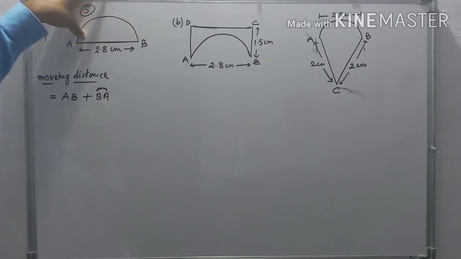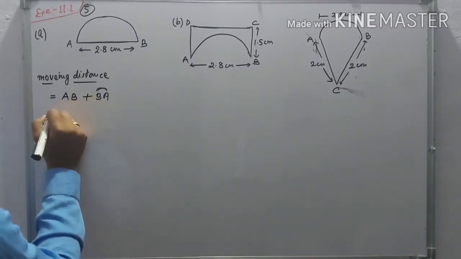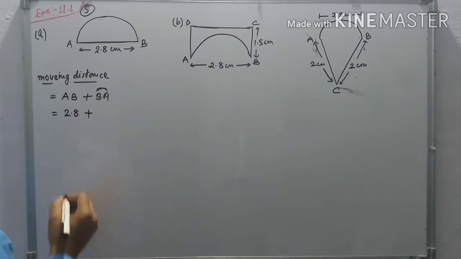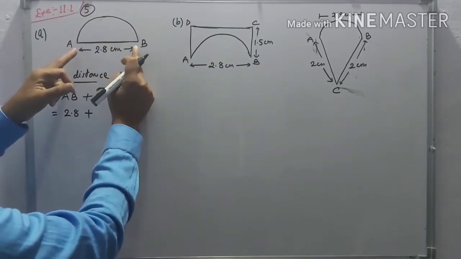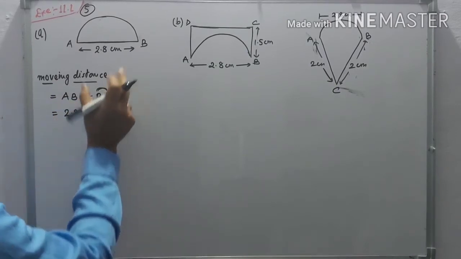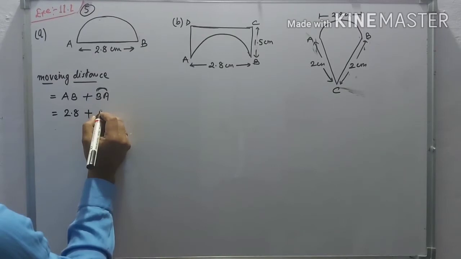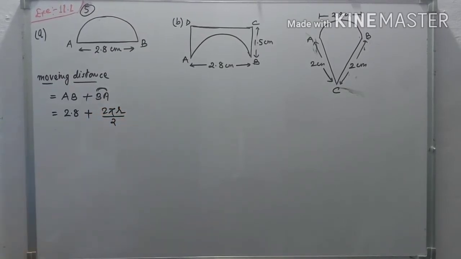AB is 2.8, and the curve is a semicircle with AB as its diameter. The perimeter of the semicircle, its circumference, is 2πr upon 2.